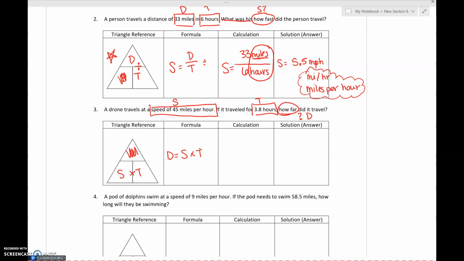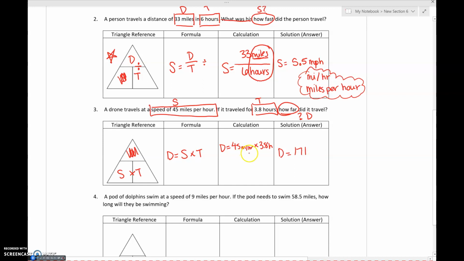When we plug in our calculation, we get D equals S, which is 45 miles per hour, multiplied by 3.8 hours. When you plug that into your calculator, 45 times 3.8, you get a distance of 171, and we need our units.